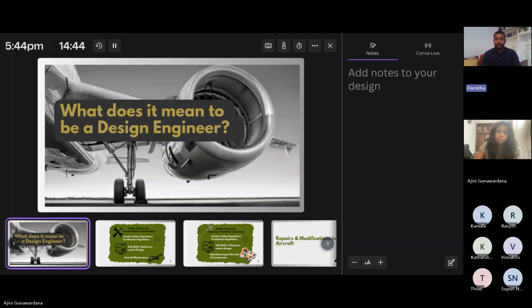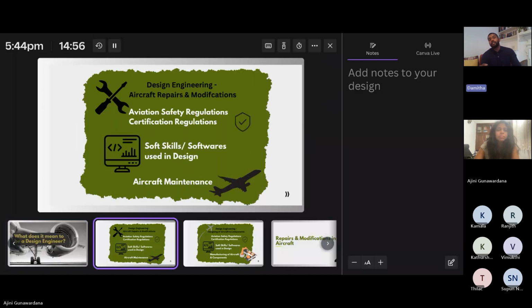These parameters are mainly governed by the regulations and certification requirements in the field. When I say certification and regulation, in simple terms, rules. Aviation is one of the most highly regulated industries in the world, and they're very strict.